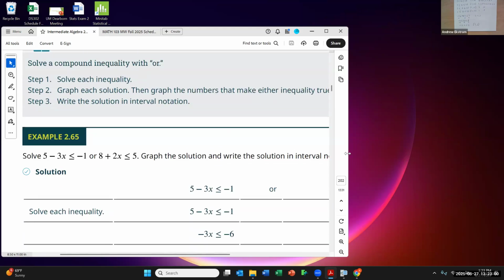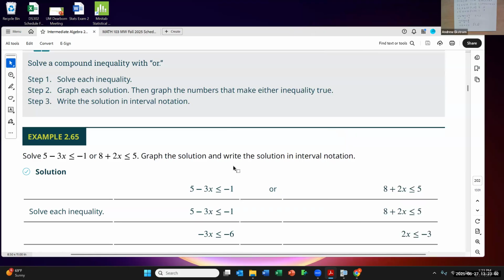So looking at what we've got next, solving problems with "or." Going back to what I was just covering on Monday in my 072 class, this would be considered a union.